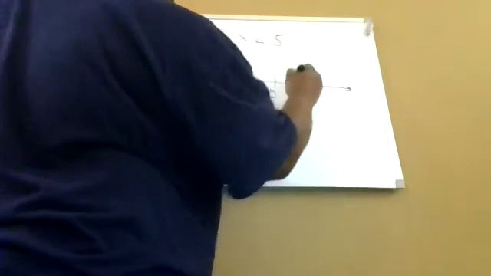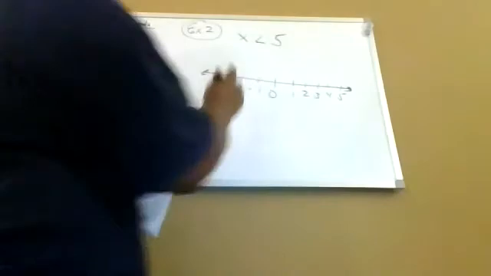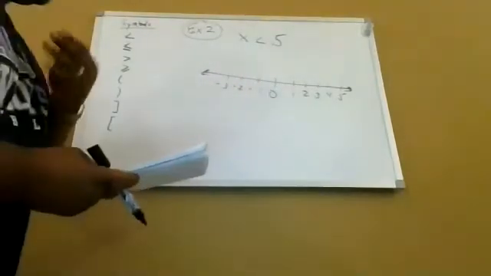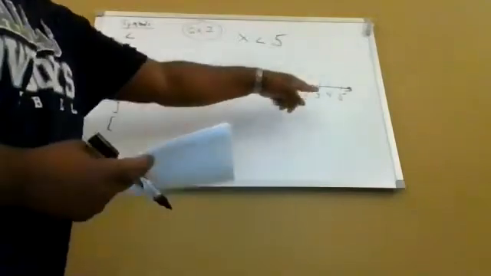So that means when I draw my number line, start with 0, 1, 2, 3, 4, 5, -1, -2, -3. We're talking about all the values of x that are less than 5.